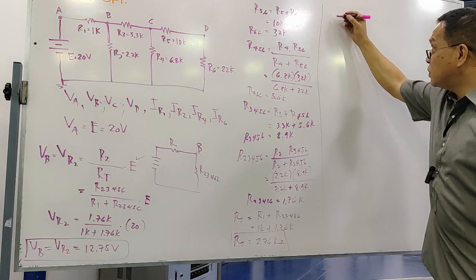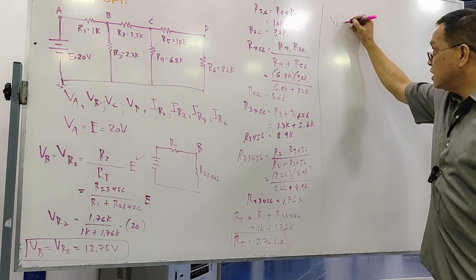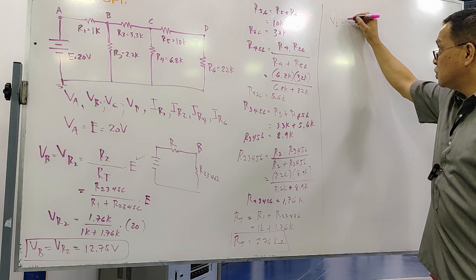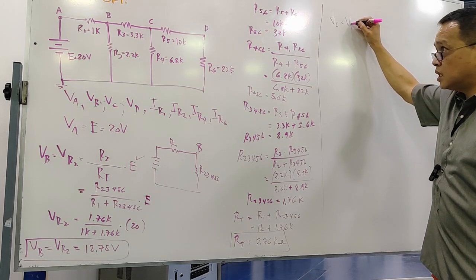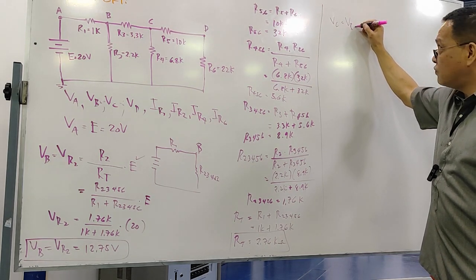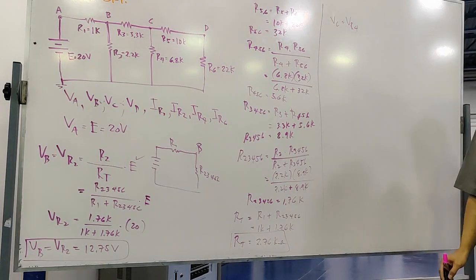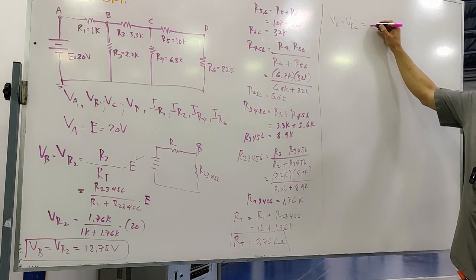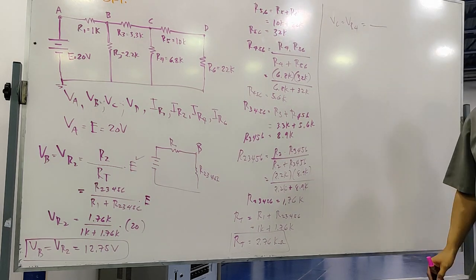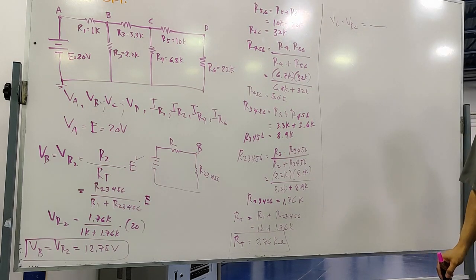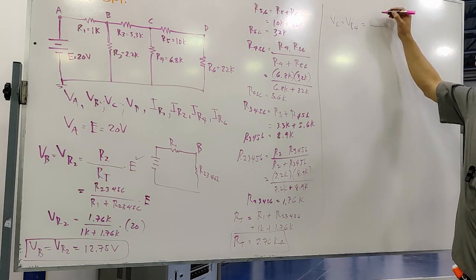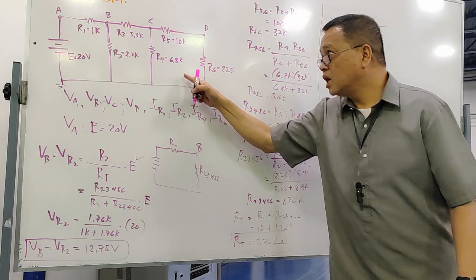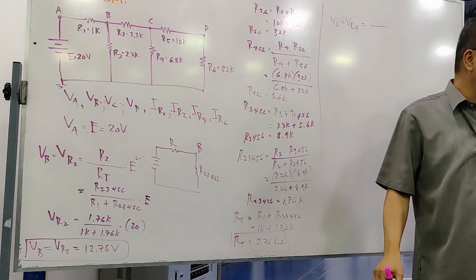So VC is just equal to V across R4. But by applying the rule, what actually is there? Not the R4 alone, but it's R4, R5, R6. Yes, it's R456.